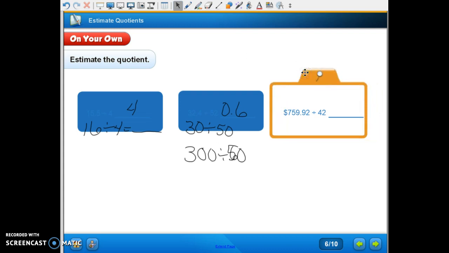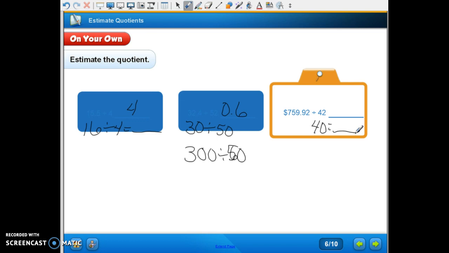And the next one is number 14. So let's think of this 42 as what? 40. Okay, and 759 and 92 hundredths, or $759.92. So how many 40s in 8? 2.